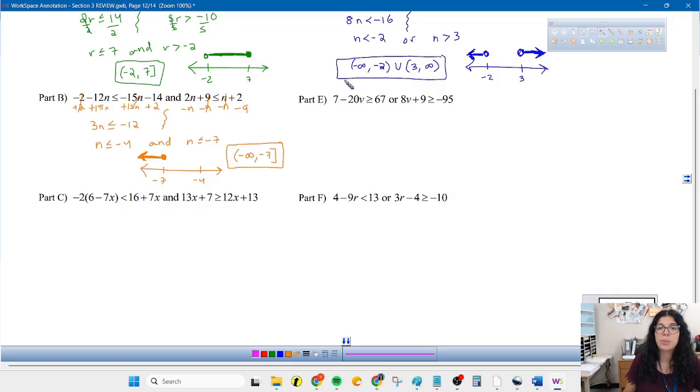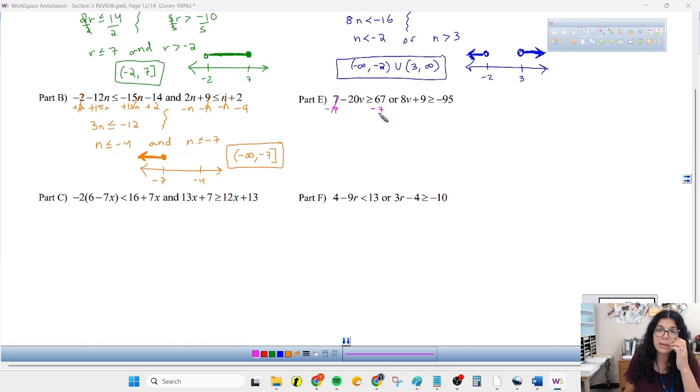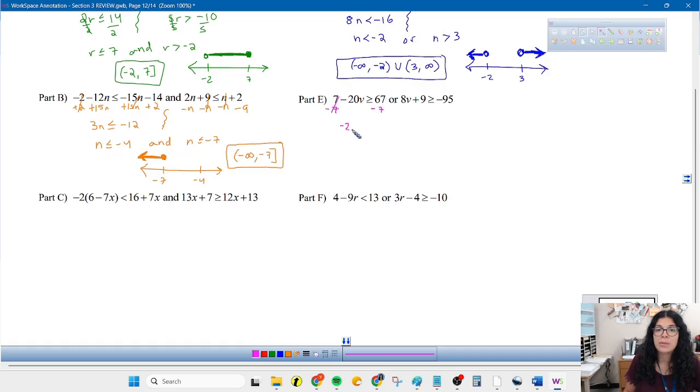Okay. Next, let's do part E. So I'm going to start by subtracting 7 on both sides. So we get -20v is greater than or equal to 60. And then we have to divide by a negative. When we divide by a negative, it does switch the inequality symbol. So that gives me v is less than or equal to -3. The word in the middle here is "or".